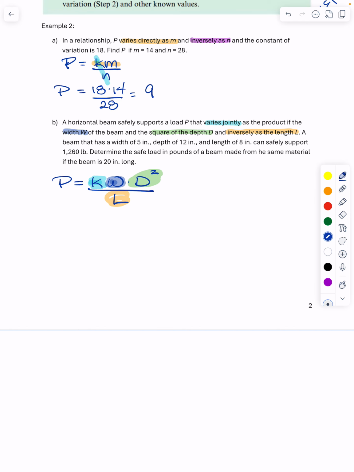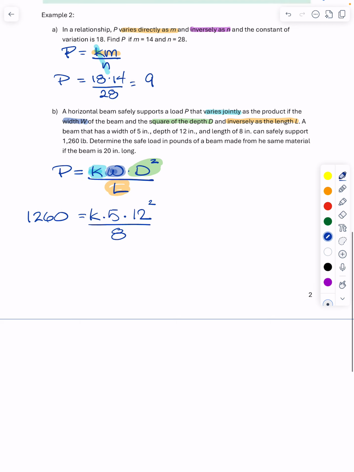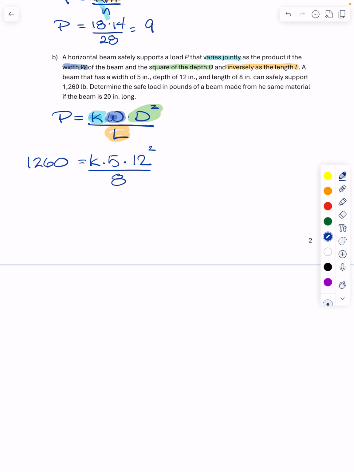Now I am going to figure out what I can fill in. So a beam that has a width of 5, a depth of 12, which has to be squared, and a length of 8 can safely support 1,260 pounds. That's the load, 1,260. So here, we've got to solve for K first. I'm going to multiply both sides by 8.